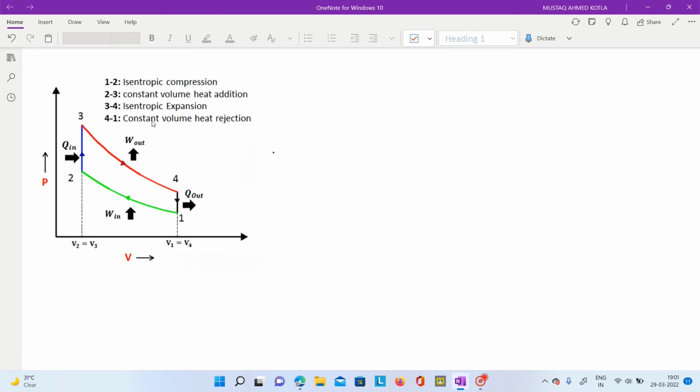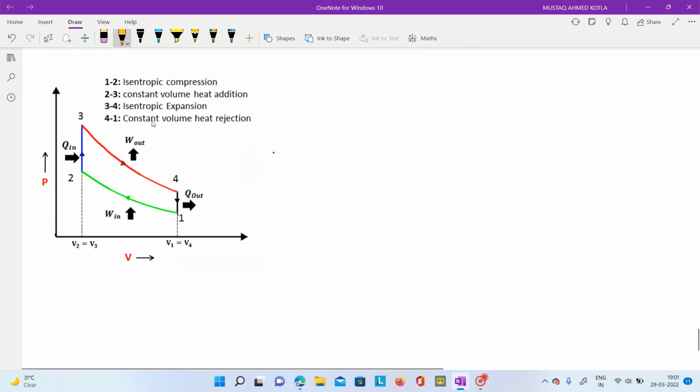See, from process 1 to 2, right? Here to here, from the origin, it is V1. Understood? In the process 1 to 2, what I told, PV^gamma equals constant.